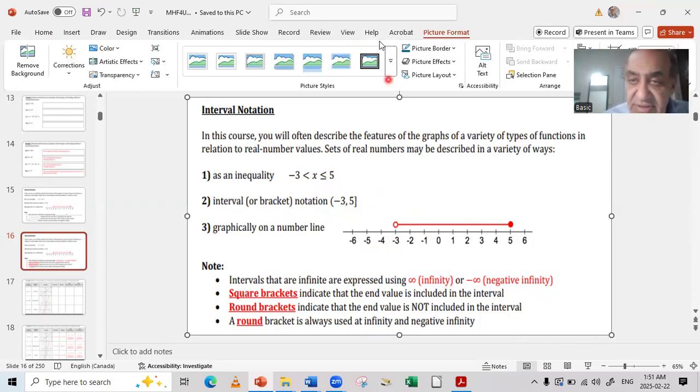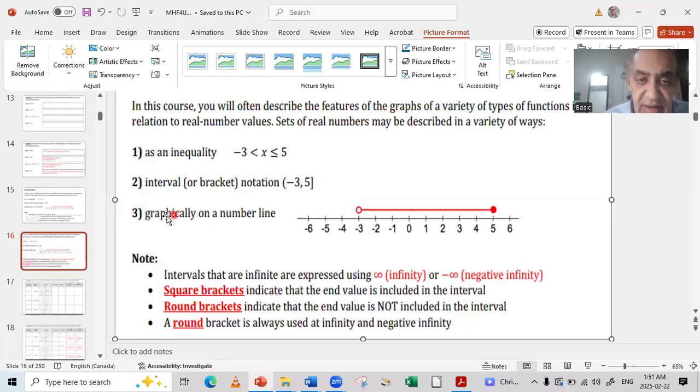Just enlarge it and see more, because sometimes it's not very clear. You can see now we have two types of brackets: square brackets and round brackets. This is a square bracket and this is a round bracket. Why? Because here, x does not equal -3. X is greater than -3.